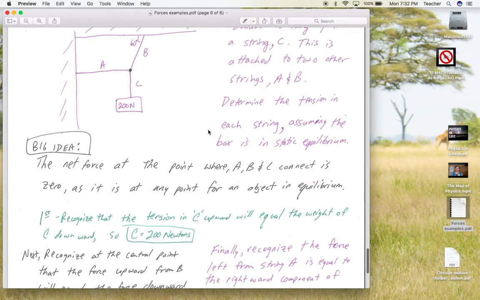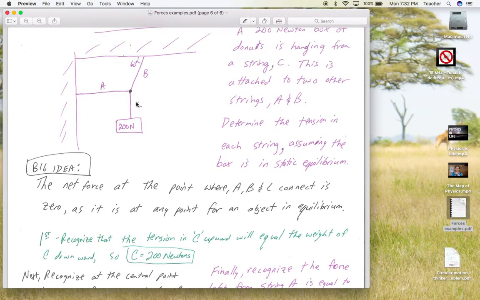Well, big idea, the net force at this point is going to be 0, as it is for any point that's in equilibrium. So first, I want to recognize that the tension C upward would also equal 200 newtons, seeing as how the weight downward is 200 newtons.